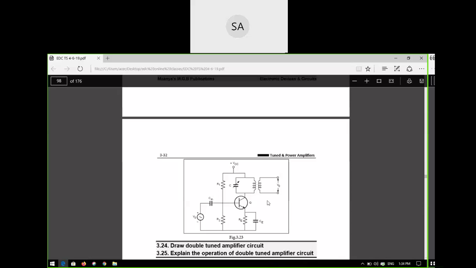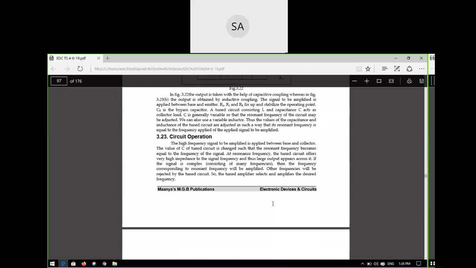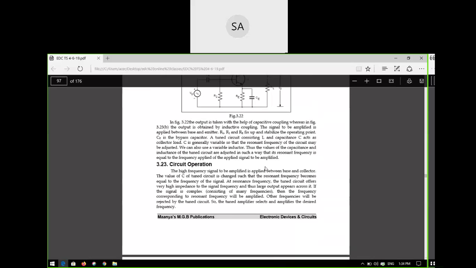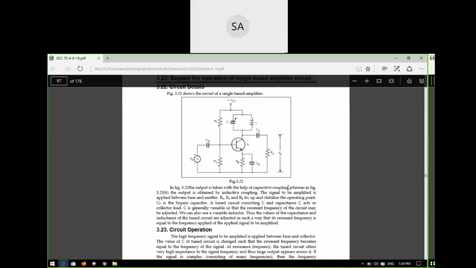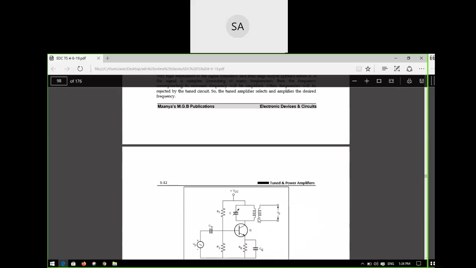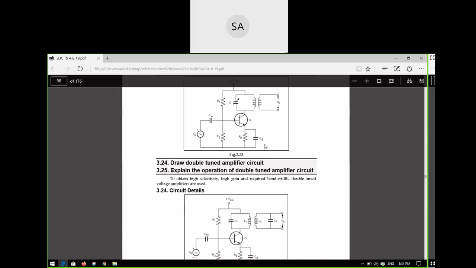So you can draw both ways, there is no difference between the first circuit and second circuit. The first circuit is only an LC tank circuit. In the second circuit we have a transformer. The transformer is also inductive in nature.